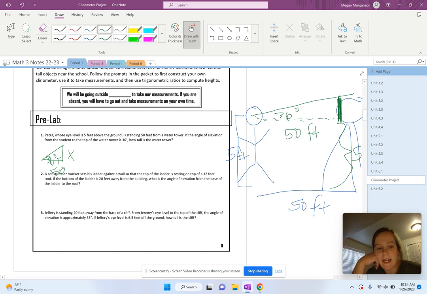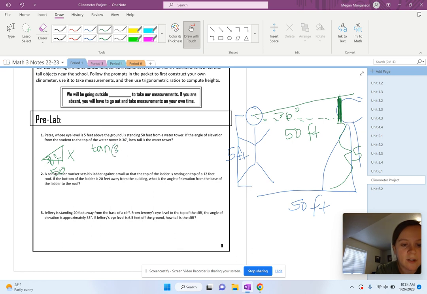Again, you've got an angle. The two sides are the opposite, which we need to find, and the adjacent, which we have. Opposite and adjacent means we're going to use tangent. Remember, tangent of theta equals opposite over adjacent. So tangent of 36 equals x, the opposite, over 50, the adjacent. We just need to get x by itself.